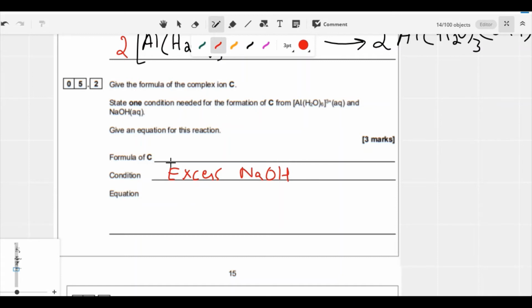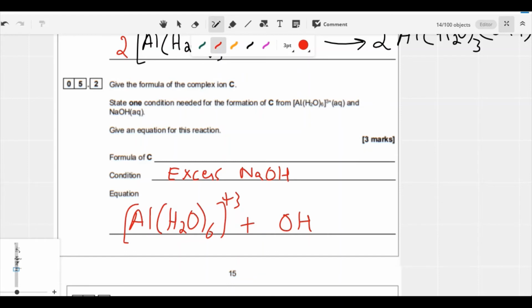Now you need to write the formula, but for the formula you have to write the first equation. So again there will be Al, that is the substance. Okay, I am going to ignore the metal ion like sodium, and here I am going to write OH.